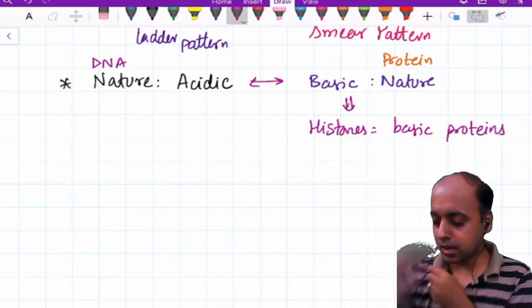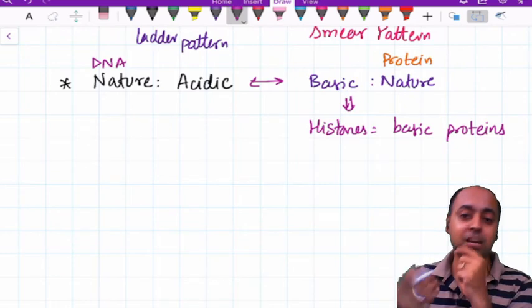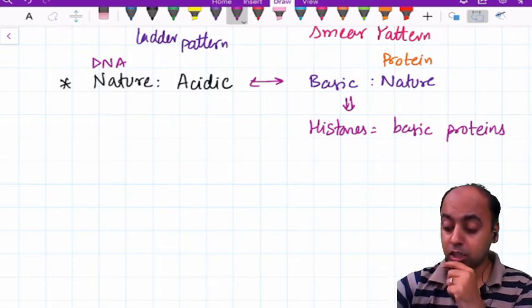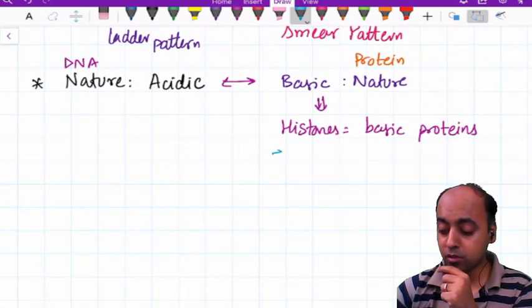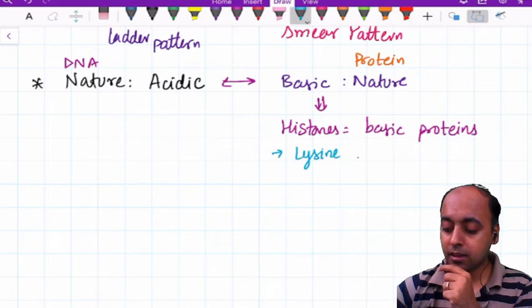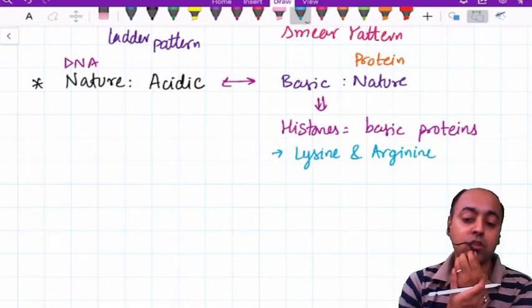We already said when doing the amino acids that there are 3 amino acids which can be basic in nature. Out of them, 2 are present in very large amount in histone: lysine and arginine. The basic nature of histones is due to the large amount of lysine and arginine.